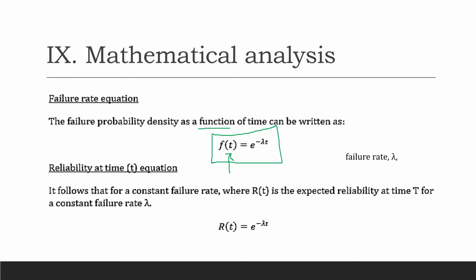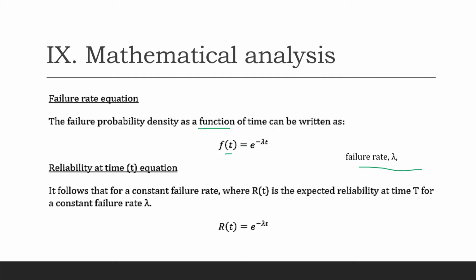The failure probability density as a function of time can be written like this. You review your calculus 1, 2, and 3. So f(t) equals e to the power of minus lambda times t. t is time, lambda is your failure rate, and e is the exponential base. Then you have a negative power right there.